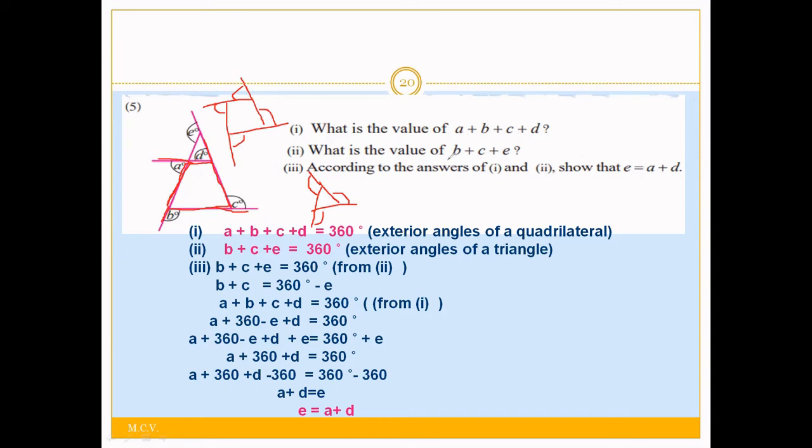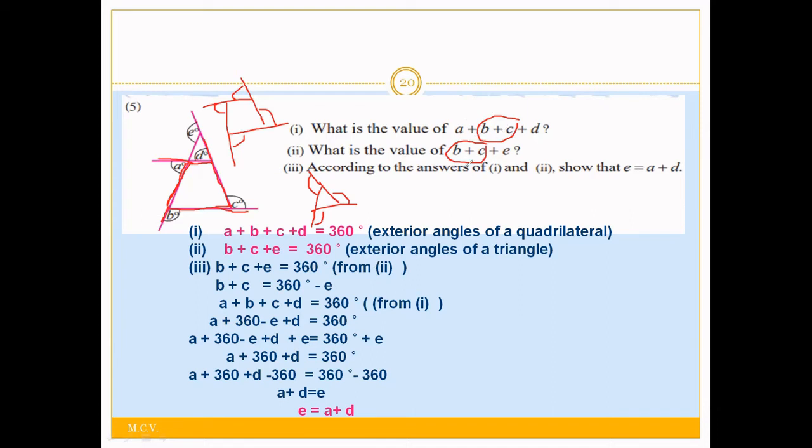Can you see some similarity in these two equations? Here B plus C is there. Here also B plus C is there. So if you remove this B plus C, then A and D will remain on one side. E will remain on the other side.